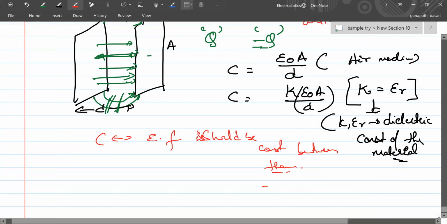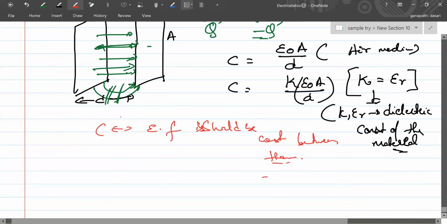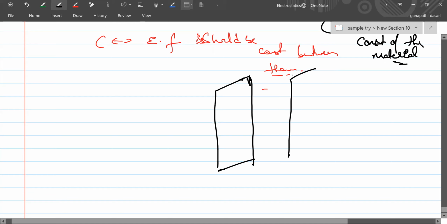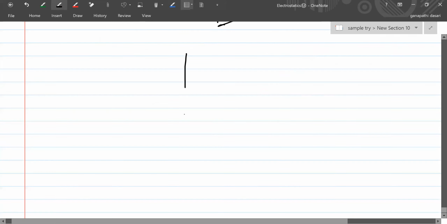Here you can see some other formulas for when a dielectric material is inserted between them partially. Suppose I show this conductor, one plate like this, and another plate like this. The distance between them is d.